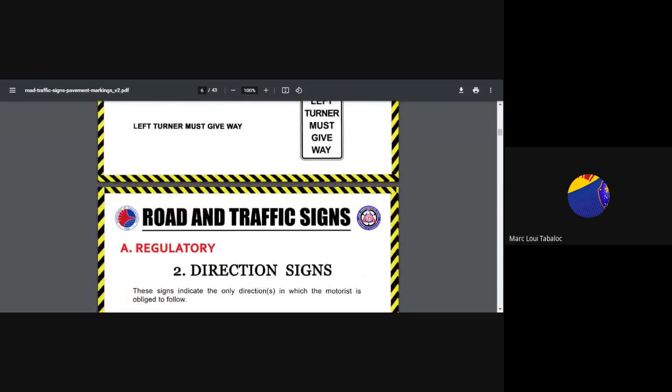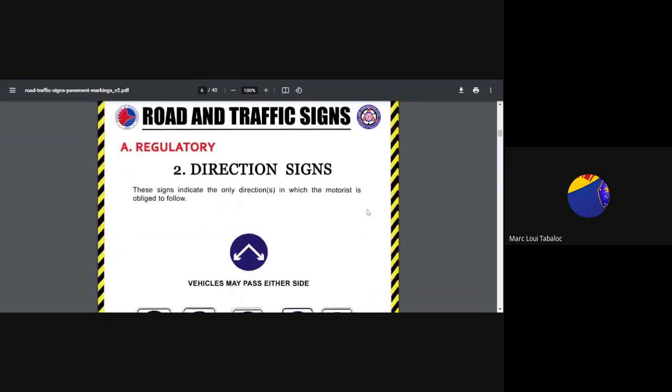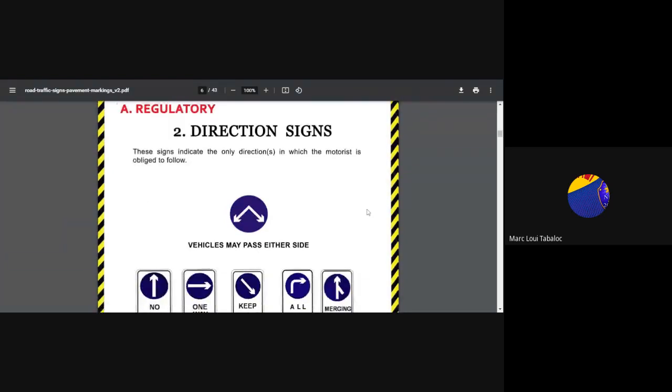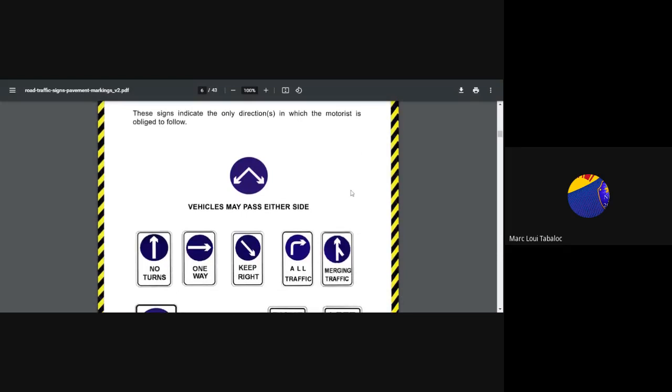Ayan. Another classification of regulatory signs are those directional signs that indicates direction and placement of vehicles kung saan nila gustong pumunta and what they must do when using that portion of the road. Ayan. So, meron tayong examples dyan. Like for example, one way, keep right, merging traffic.